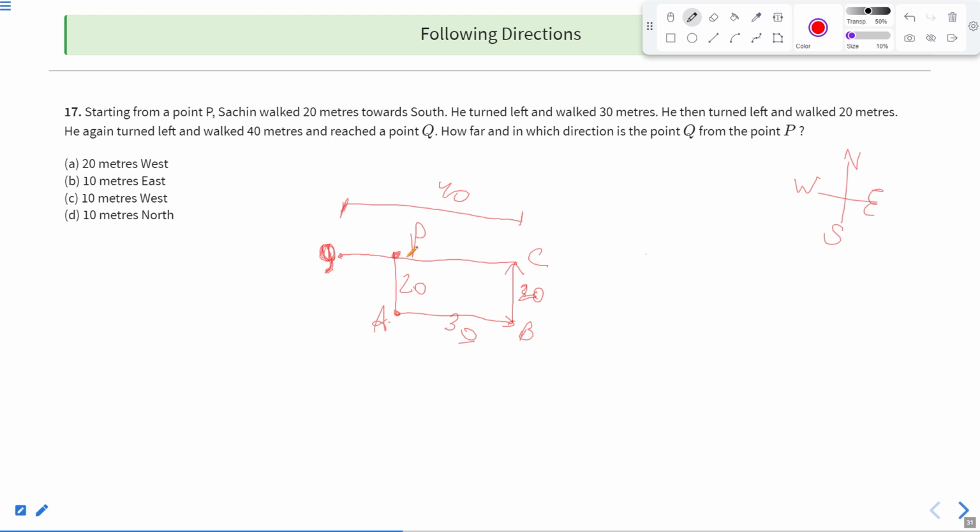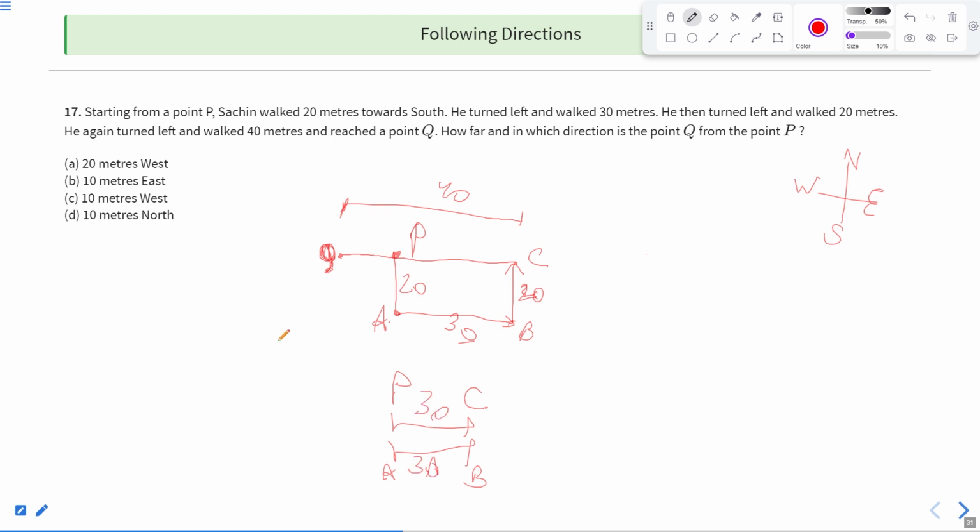ठीक है. अब PC, taking this starting point B and C. This is same as AB, which is 30 meters.